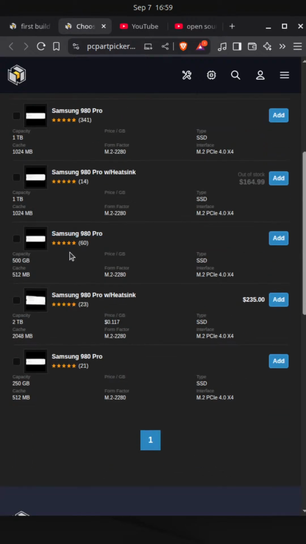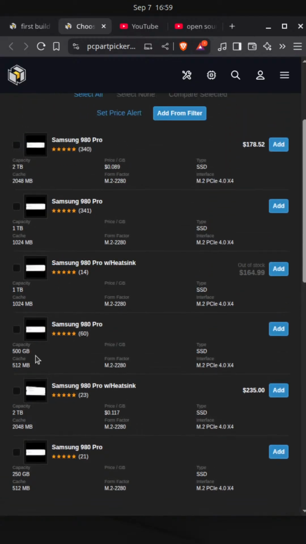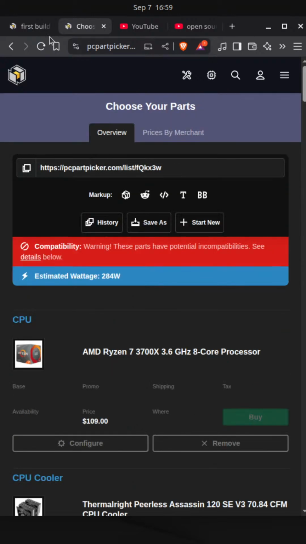It looks compatible. Samsung 980 Pro, 2 terabyte. There's not a 2 terabyte thing with heatsink, or there's just, oh, that's it. Cache 2 gigs. Form factor M2 to PCIe 4. Okay.